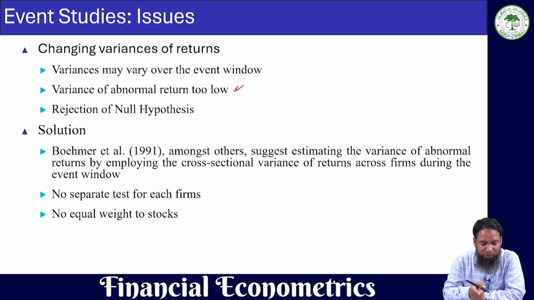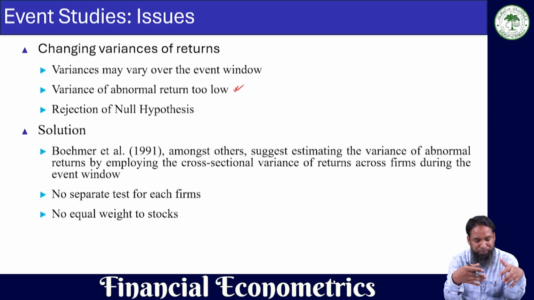If it is too low, that means we can frequently reject the null hypothesis. So, though in reality there might not be an impact of the event on the asset prices, due to the miscalculation or the wrong assumption of constant variance, we can get the result, yes, there is an impact.